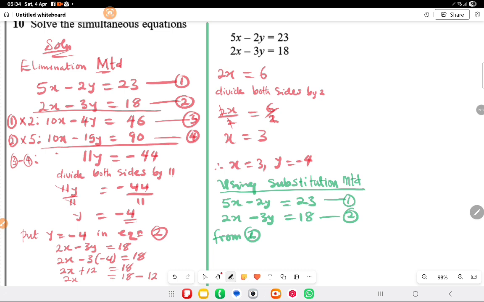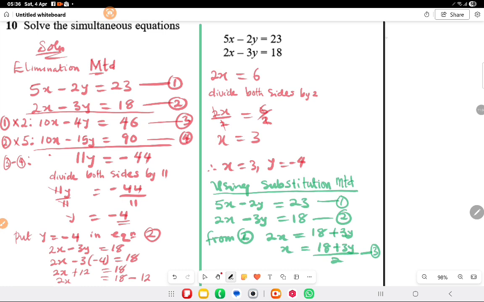If we make x the subject of the formula in equation 2, we have 2x equal to 18 minus 3y, crossing the sign of equality becomes plus 3y. Then x is equal to 18 plus 3y all over 2. We call this equation 3.